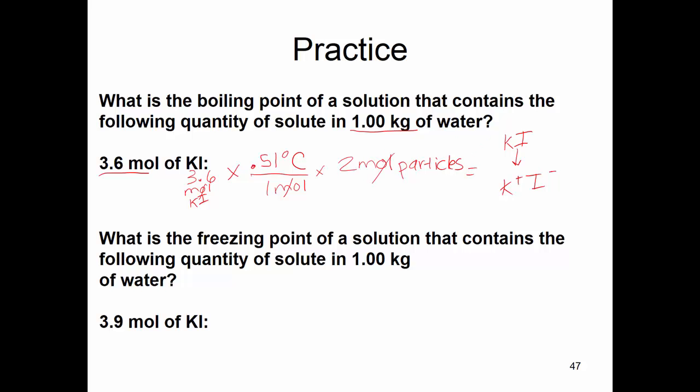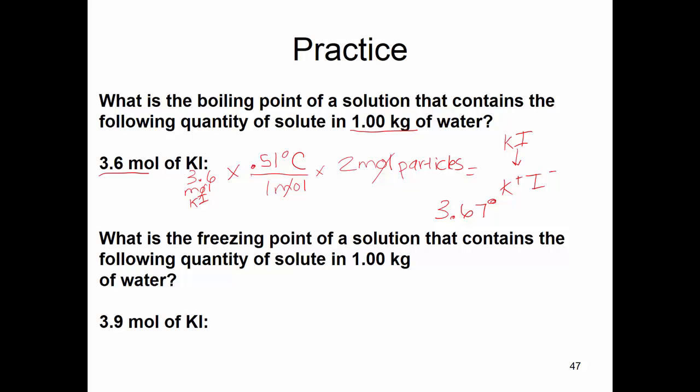That will give us an answer of 3.67 degrees. Looks like we have 2 sig figs, so we'll have to round that up. This is how much the boiling point is elevated.